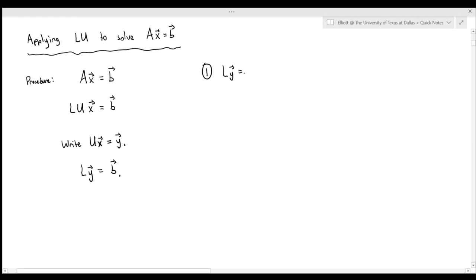And because L is lower triangular, we're actually going to be able to solve this equation using forward substitution. So you're going to solve for y, and after you solve for y, you're going to come back to this equation, Ux = y.